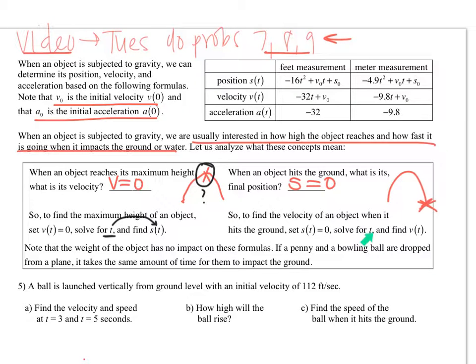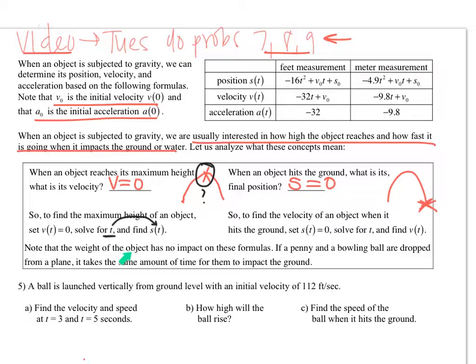That gives us the time when the object has hit the ground. Then we plug that time into the velocity function: v of t tells us how fast it was going when it hit the ground or water.